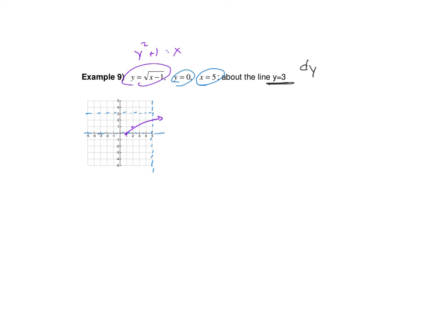All right, we're going to revolve this around y equals 3. So if I get my representative slice, now I have to revolve it around y equals 3. All right, so now we have to translate the axes. Now our radius is different. So I've got my volume, right?